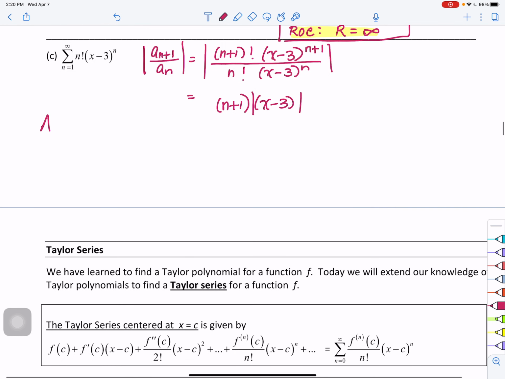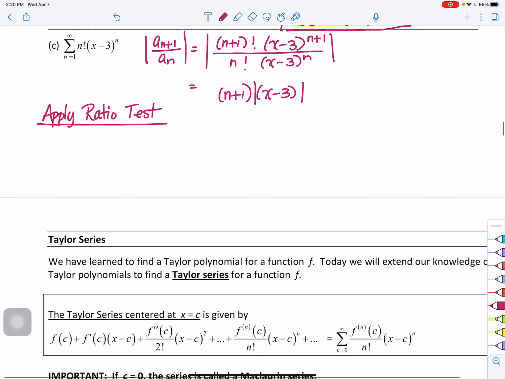So let's apply the ratio test. And we're going to take the limit as n approaches infinity of n plus 1 multiplied by the absolute value of x minus 3. And that's actually equal to, remember, n is going to infinity.